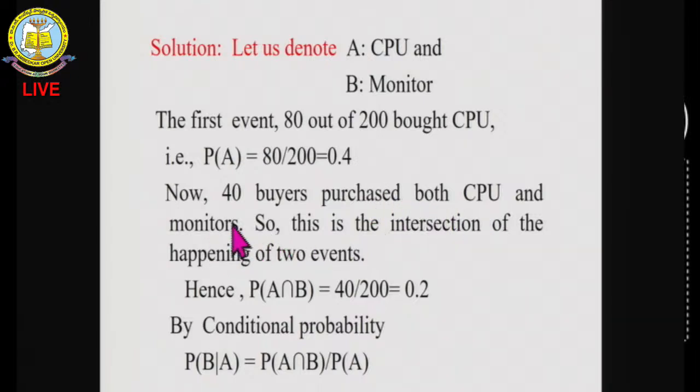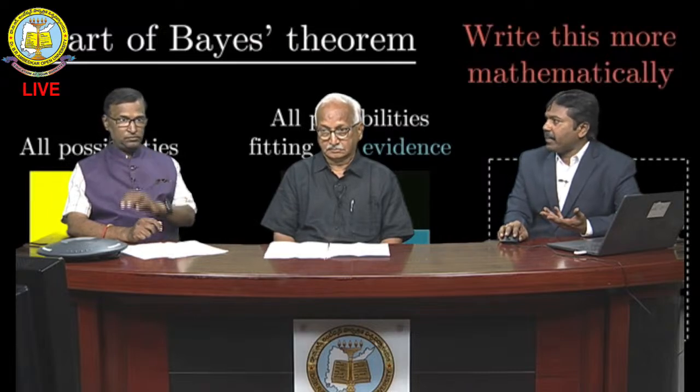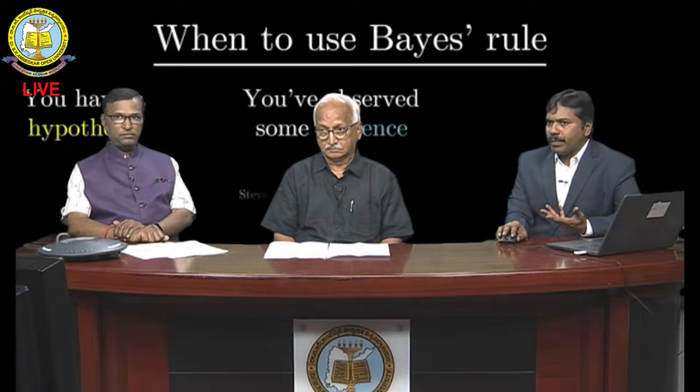How many items here? 40. The favorable number of cases is 40 and the exhaustive number of cases is 200. Therefore, the probability of A intersection B is 40 by 200, which is equal to 0.2.